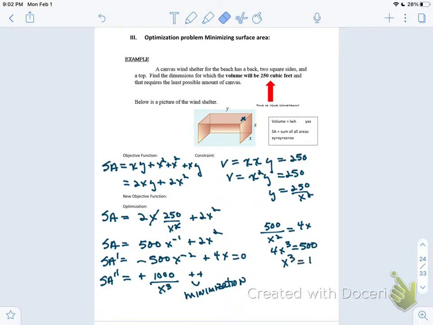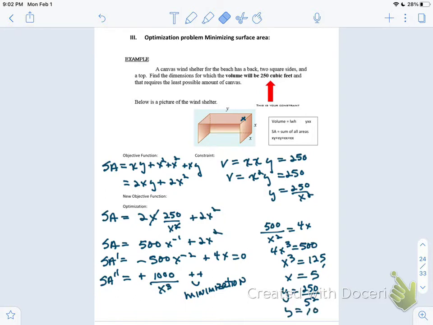X cubed is 125. So x is going to be 5. Now, is that 5 feet? Yes, it is. So x will be 5 feet. So, if x is 5 feet, what is y? Well, y is going to be 250 over 5 squared. So it looks like y is going to be 10.